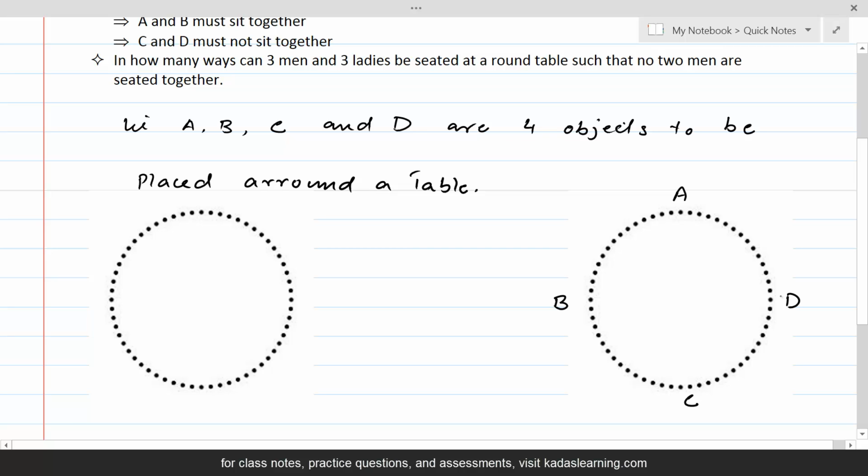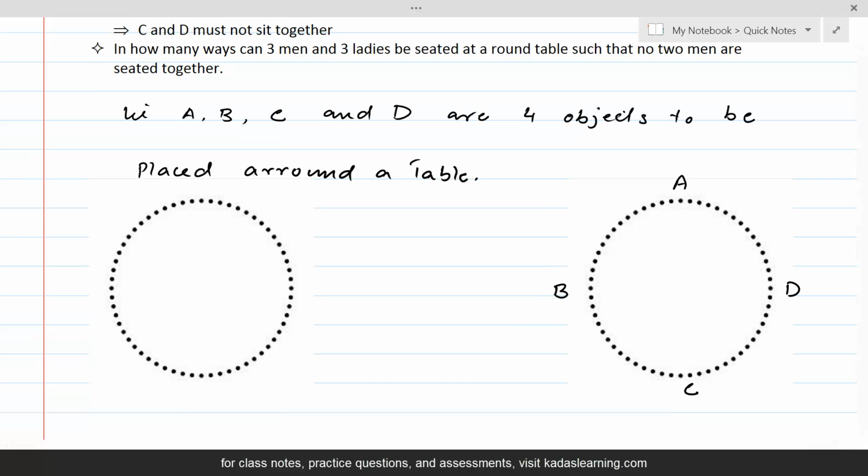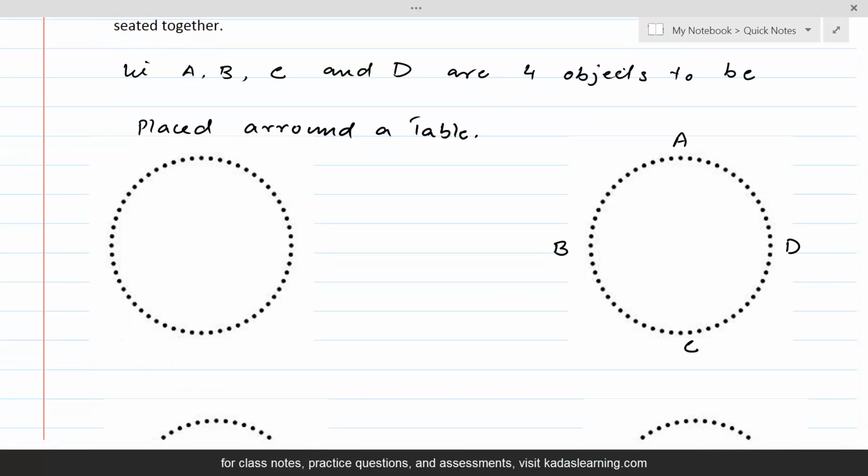this is one permutation and it's one possible arrangement that can be made to let A, B, C, and D sit around a circle.